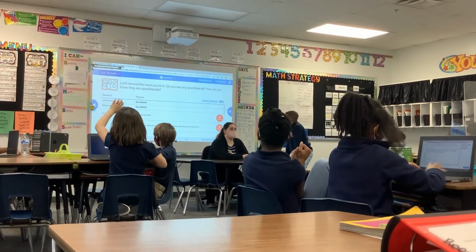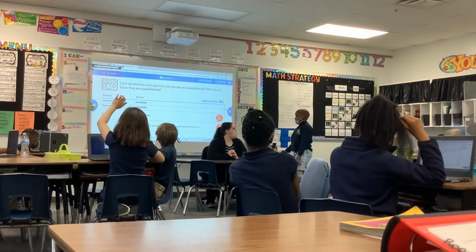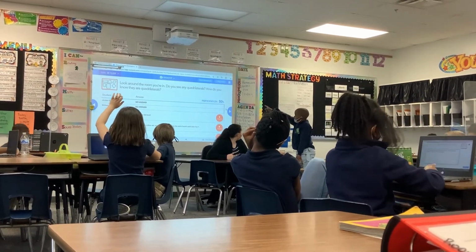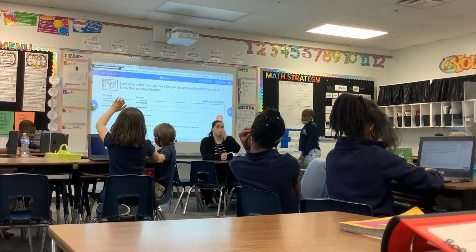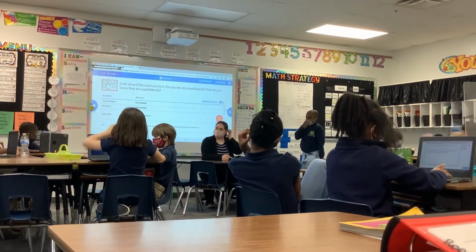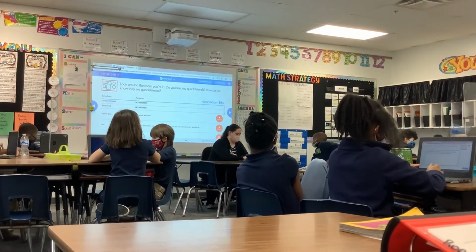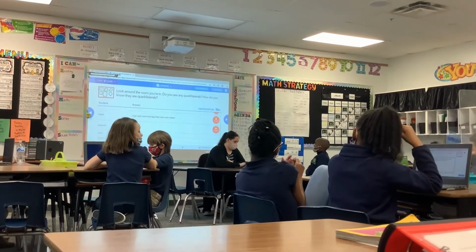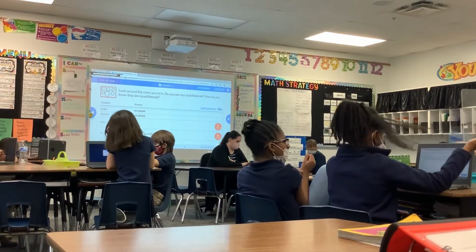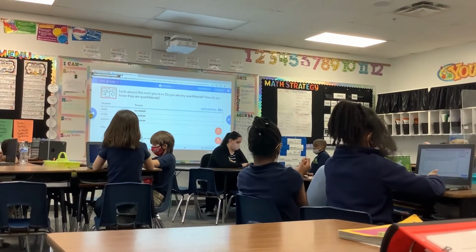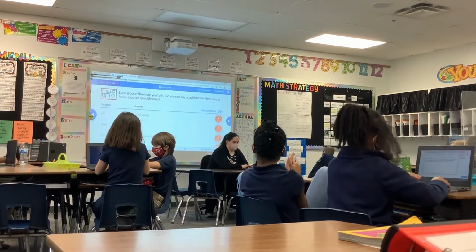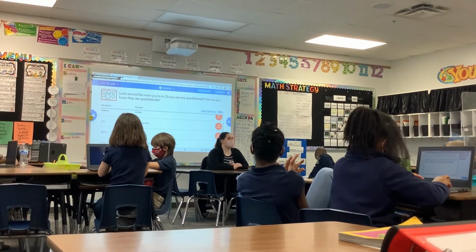A rectangle. What's a rectangle in here? The screen is a rectangle. What else, Una? The door is a rectangle. The door is a quadrilateral.